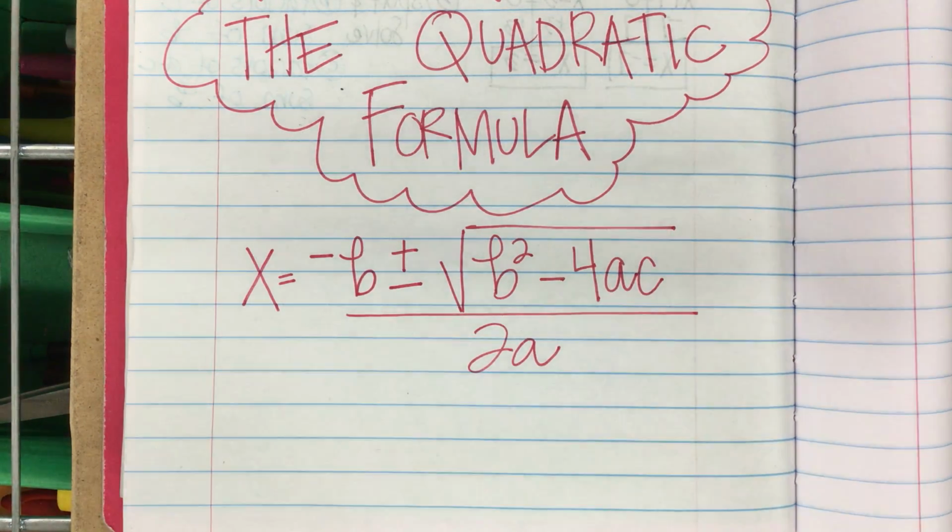So, this will work every time. The quadratic formula will work every time to find your 2 or 1 or none, your solutions to a parabola. You do not have to graph it in order to find your solutions. You can use the quadratic formula to find the solutions to the quadratic. You do not have to factor.